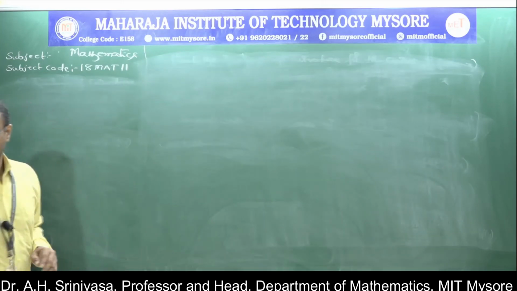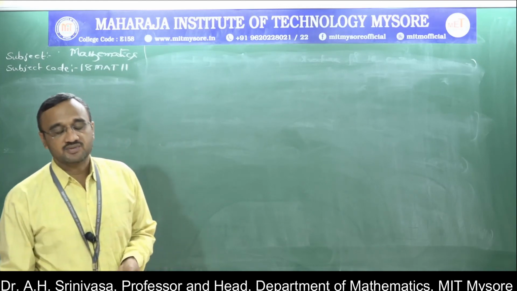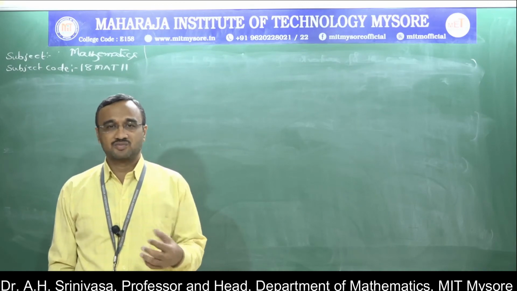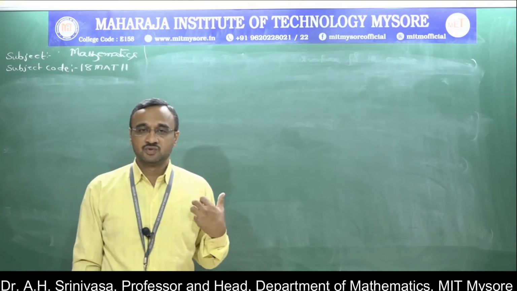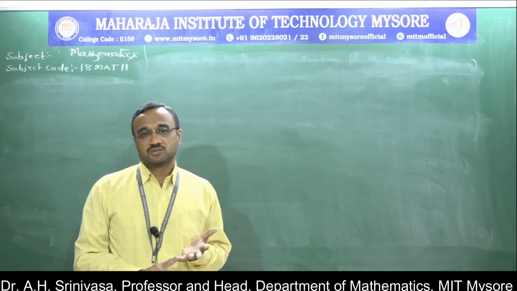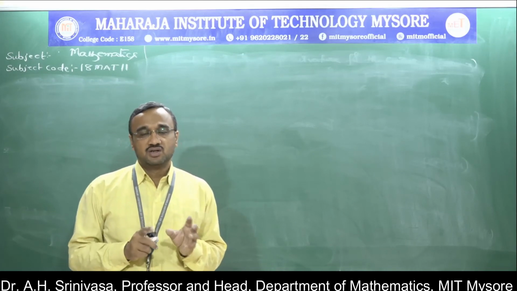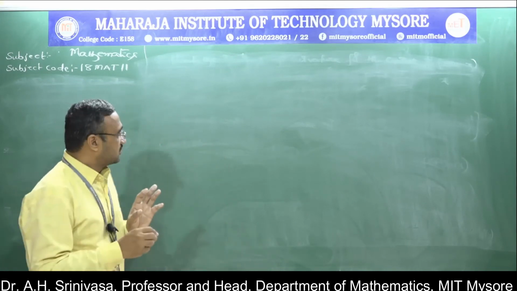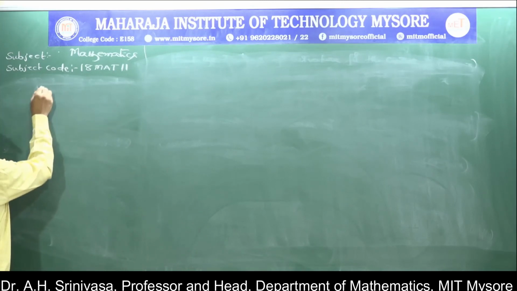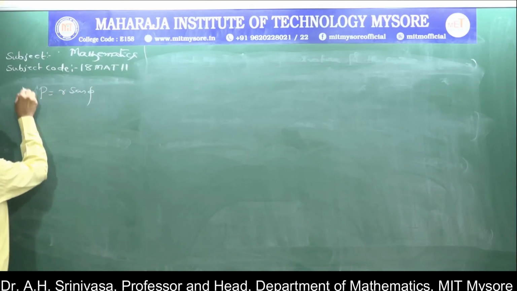So now we are going to solve some more problems, that means finding the radius of curvature in case of polar curves. We can solve those problems now. Before solving the polar curves, to find the radius of curvature for a polar curve, we must remember some results. Use this result: P equal to R into sin phi.